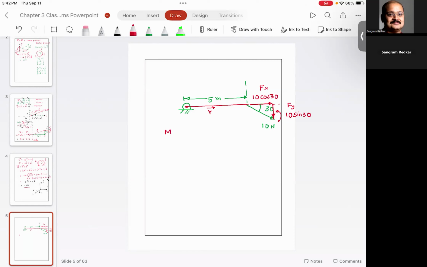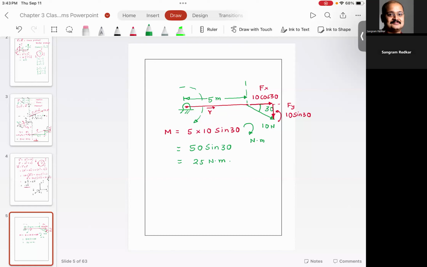So the moment is going to be 5 multiplied by 10 sine 30, and this moment would be in this direction, so this will be a clockwise moment. 50 sine 30 is 25 newton meter.